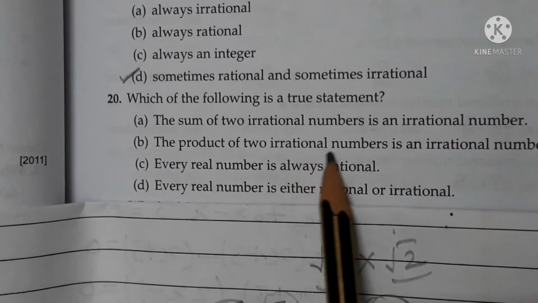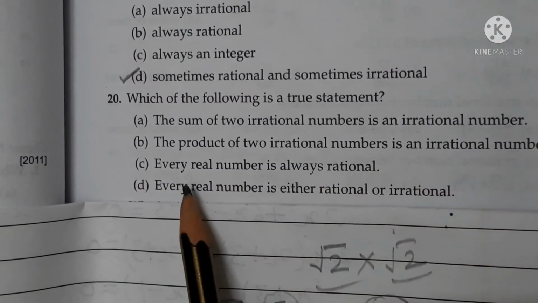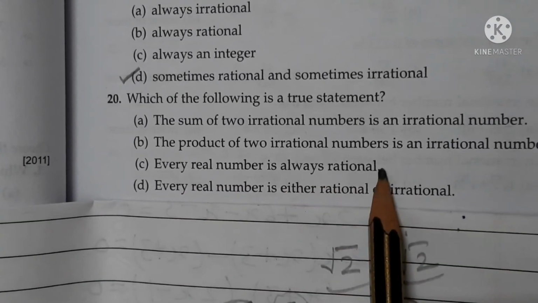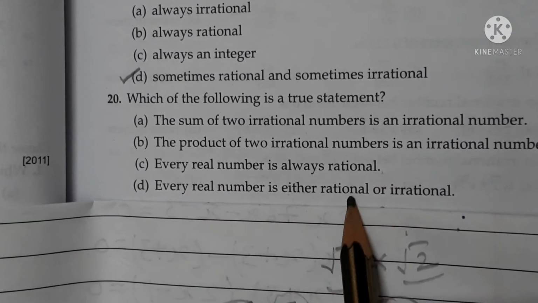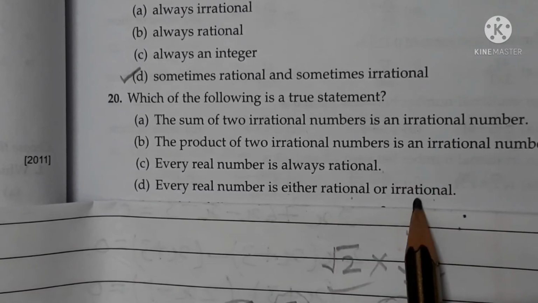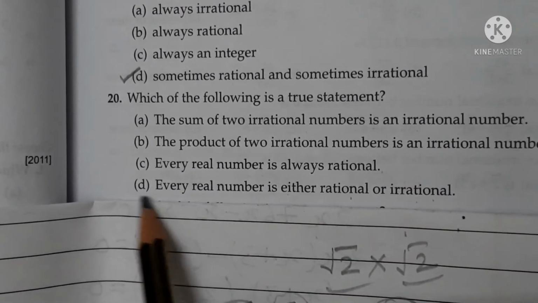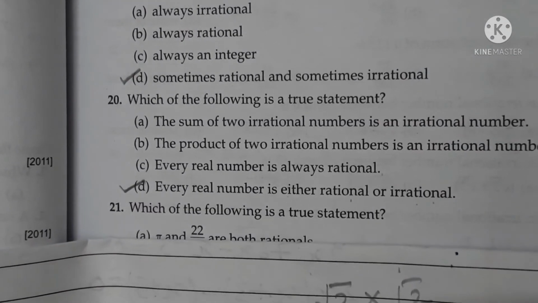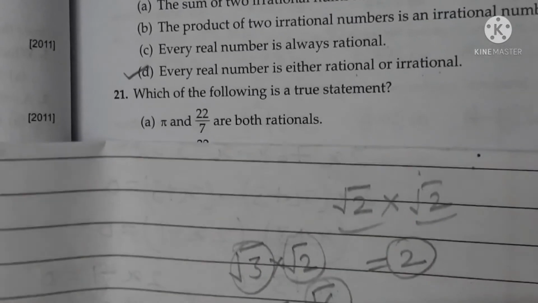The product of two irrational numbers is an irrational number, wrong. Every real number is always rational, wrong. Every real number is either rational or irrational, because all rational and irrational numbers come in the real numbers. Option D is correct. Next, question number 21.